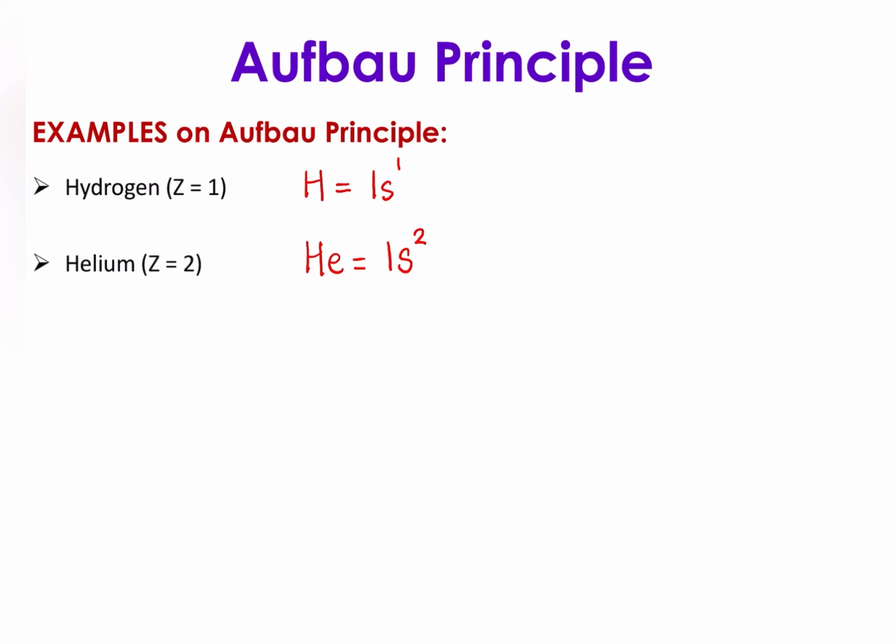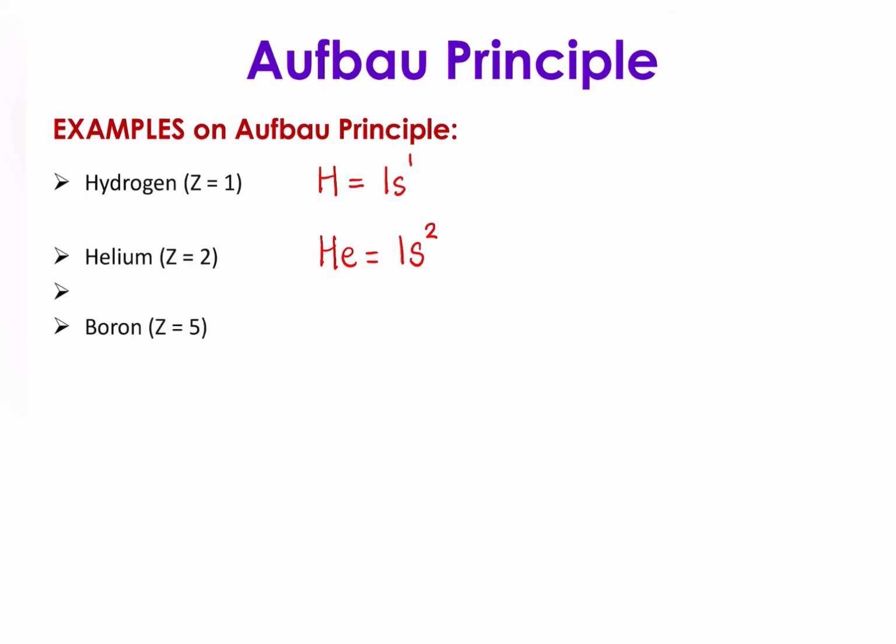Next one, kita ada boron. So, boron, the symbol is B. And I have 5 electrons here. So, how to do this? Start with the lowest one. Orbital adalah 1s2. So, saya dah guna 2 elektron. Saya ada baki 3. Next orbital adalah 2s.